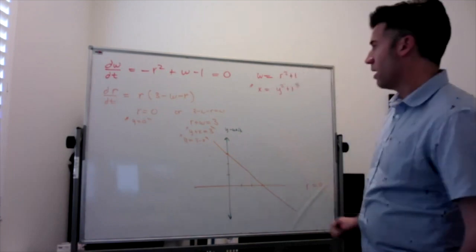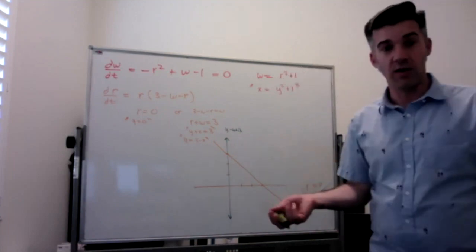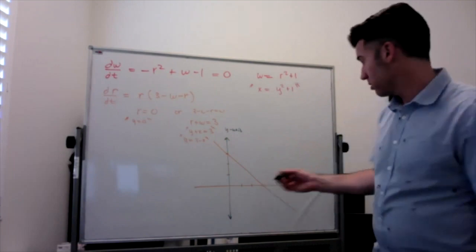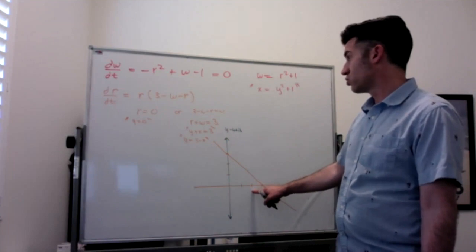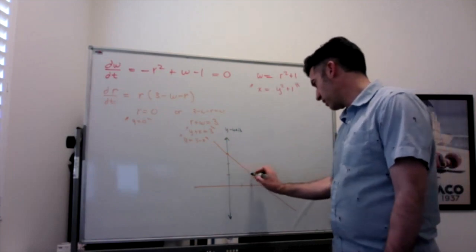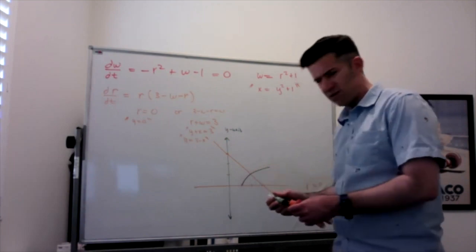Okay. And then my red nullcline is x equals y squared plus 1. So that's going to be a rightward opening parabola. And I already know they're going to intersect at the point 2, 1. Oh, I want to use red. Sorry.